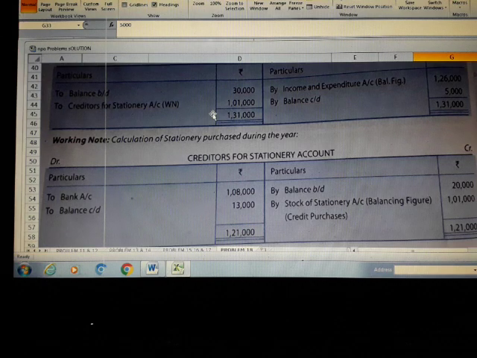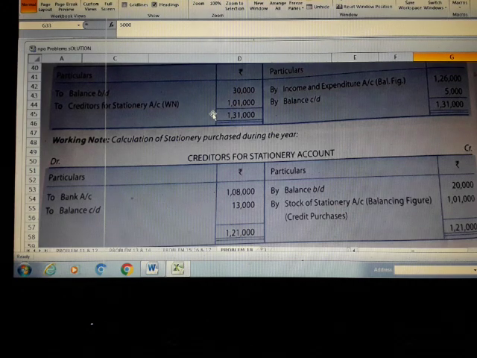Whereas in my stock account, that is the stationery account, I'll have my opening balance on the debit side, I'll have my closing balance of the stock, that is the stationery, on its credit side, and then I'll take the amount of rupees 1,01,000 from the creditors account, which is nothing but creditors for stationery.